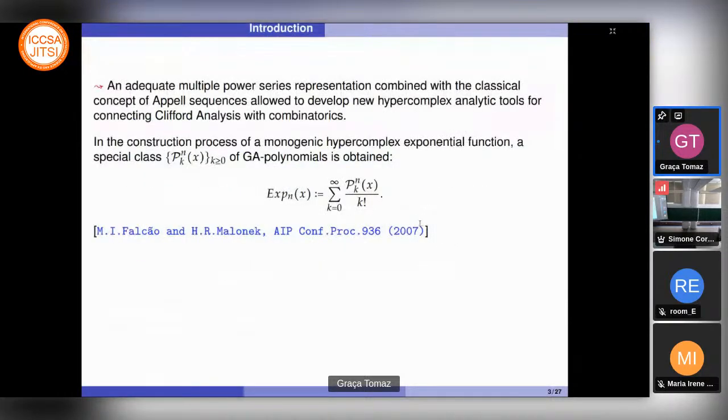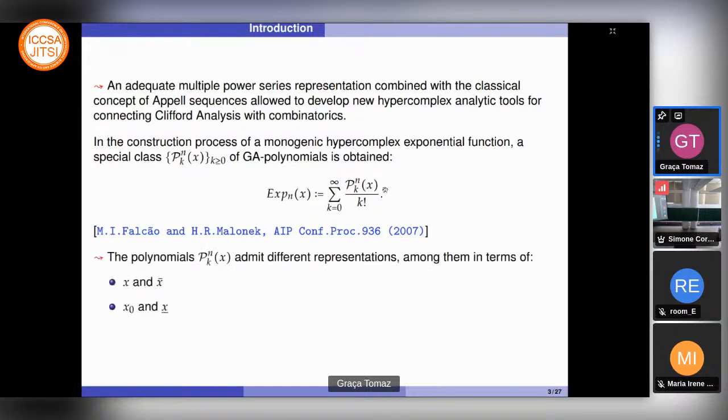Our starting point was the connection of Clifford analysis with combinatorics, highlighted through an adequate multiple power series representation combined with the concept of Appell polynomials. In the construction process of a monogenic hypercomplex exponential function, a special class of generalized Appell polynomials is obtained.